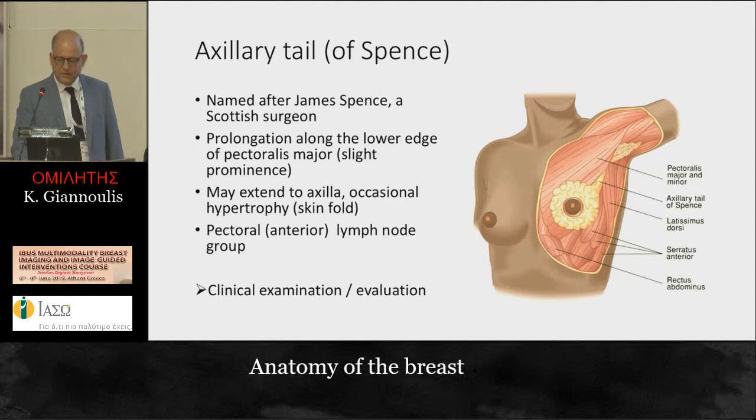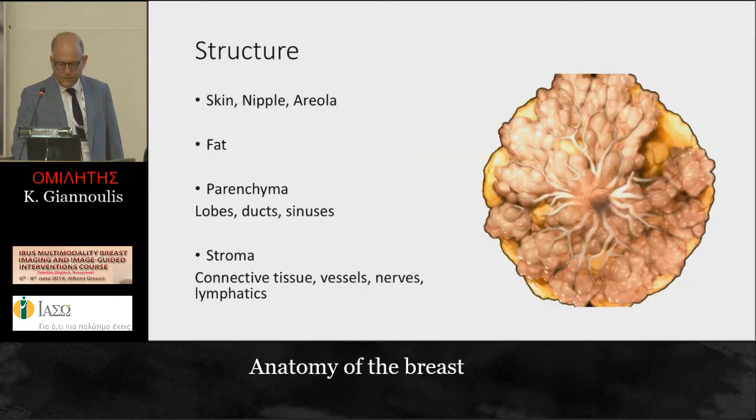It may extend to the axilla, occasionally giving rise to a hypertrophic skin fold. It lies over the anterior lymph node group, and it's important because it shouldn't be forgotten during clinical examination, as it sometimes holds cancerous growths.